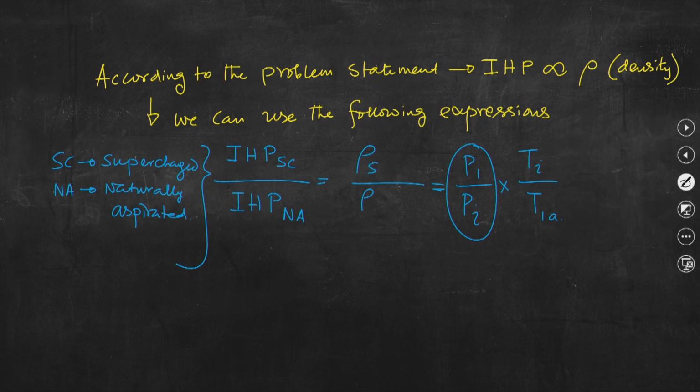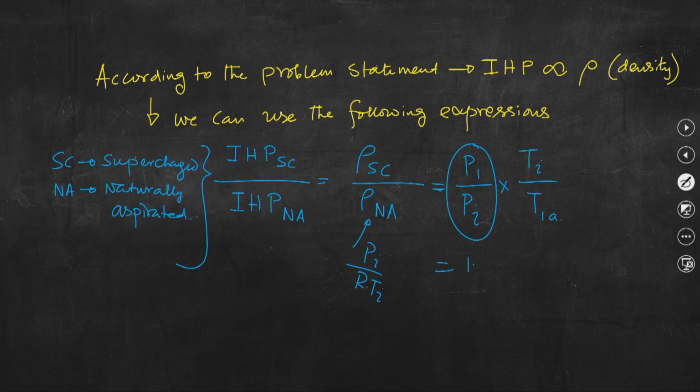So, this is SC, this is NA, naturally aspirated, so that is Pi by RTi. R is remaining the same, while for SC it is P1, because we are using the compressor, so that is P1 by RT1a. So, R will get cancelled.